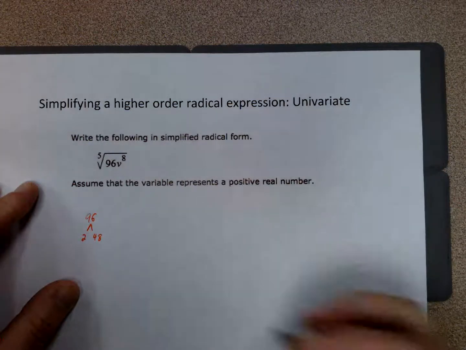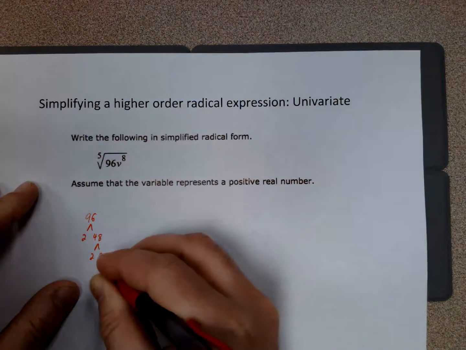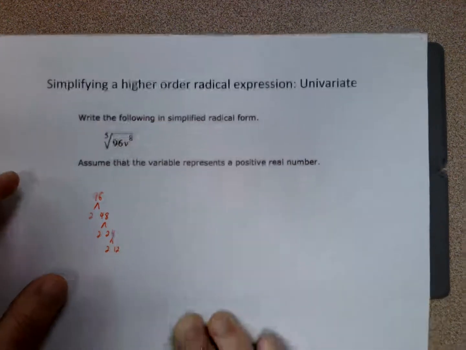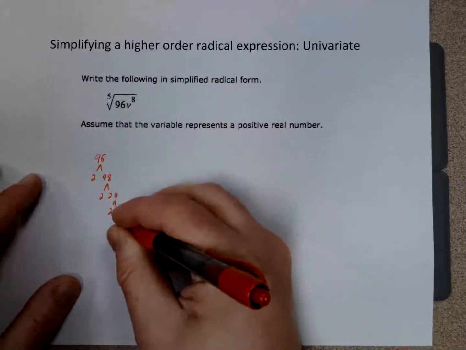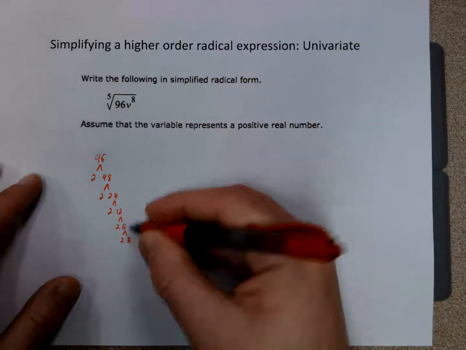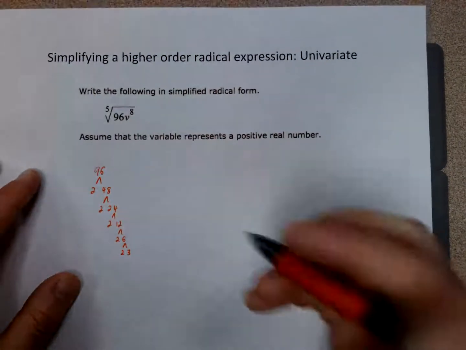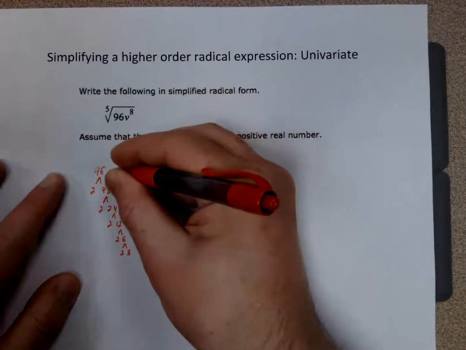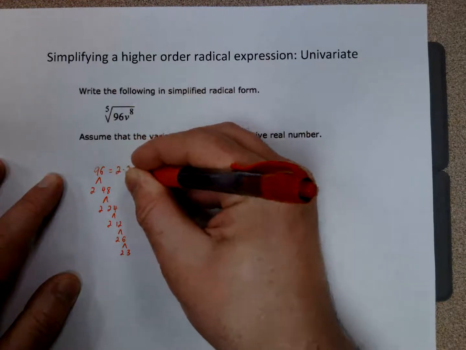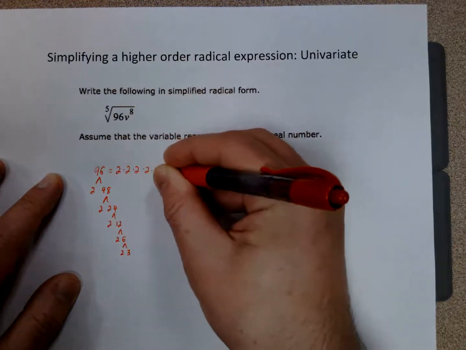And I'm just going to keep dividing by 2. So 2 and 24, 2 and 12, 2 and 6, which goes to 2 and 3, which are both prime. So the end of all of my branches are prime. So I end up with 96, which equals 2 times 2 times 2 times 2 times 2 times 3.